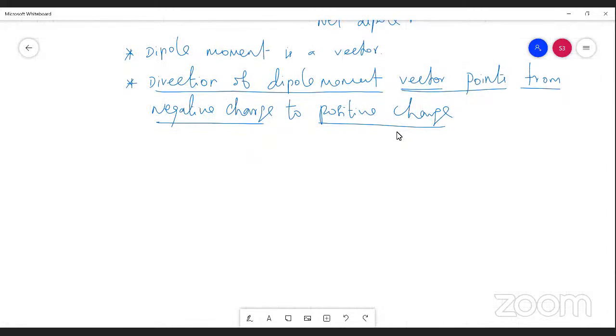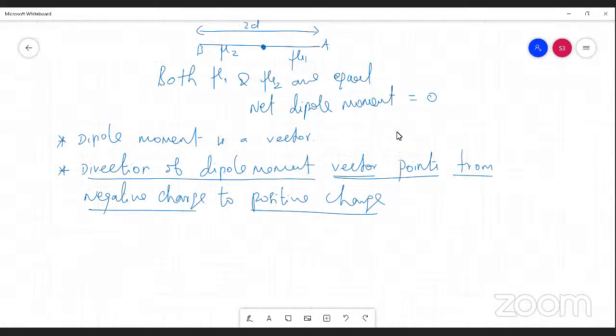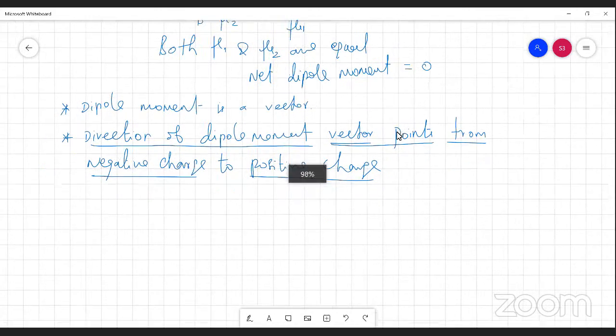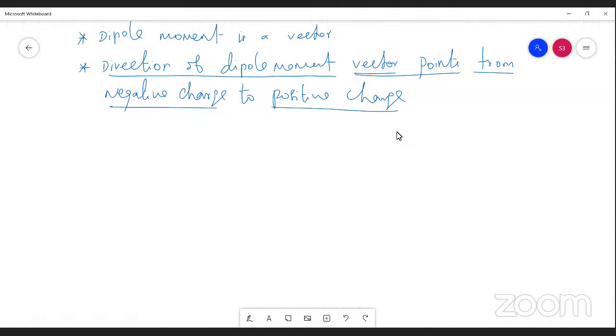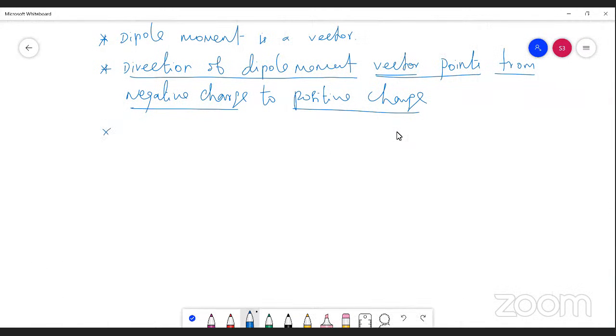The unit of dipole moment is Coulomb meter.